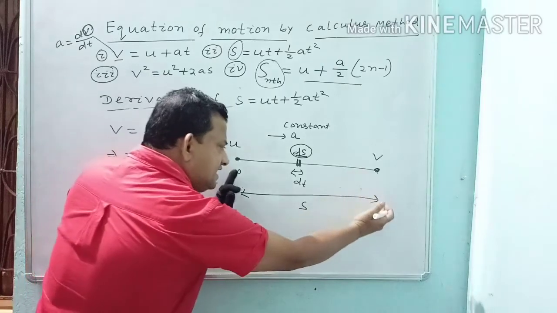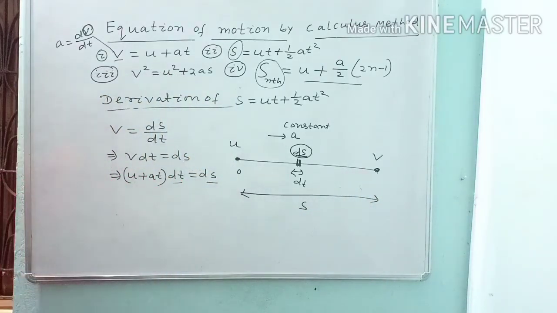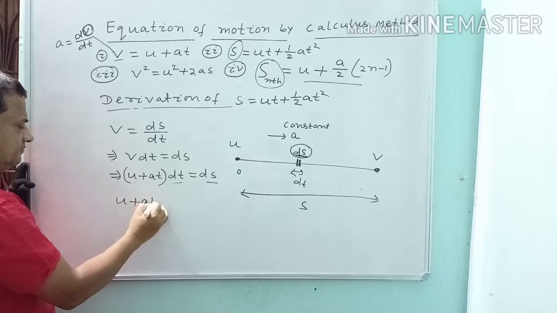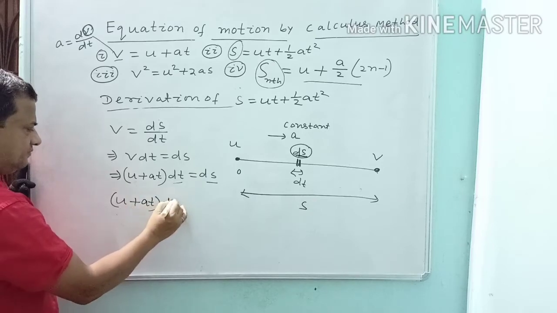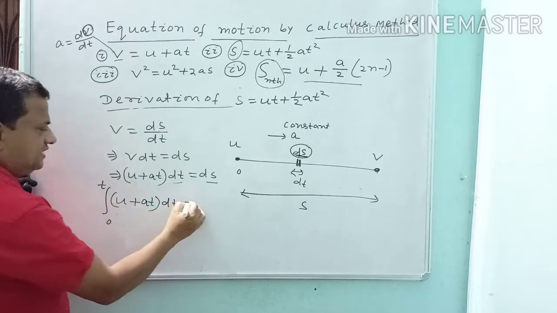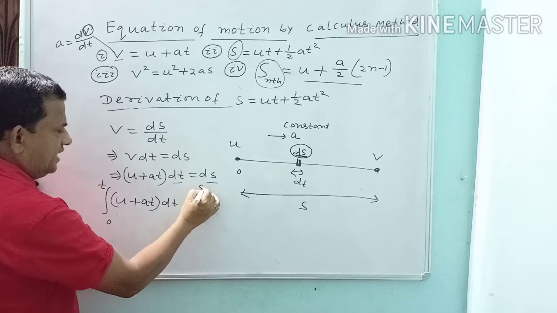So in t time the displacement is s. How to find out that s? By taking the integration. If you take the integration, the limit is 0 to t, that is your 0 to s.